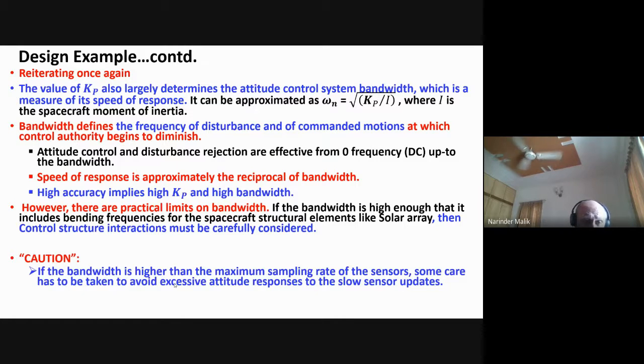Your omega n should be less than the sampling frequency of the sensor output. That is important. If the sensor sampling is 100 millisecond, which is 10 hertz, omega n can be less than that. If the sensor frequency is very, very sluggish, then you have to worry.